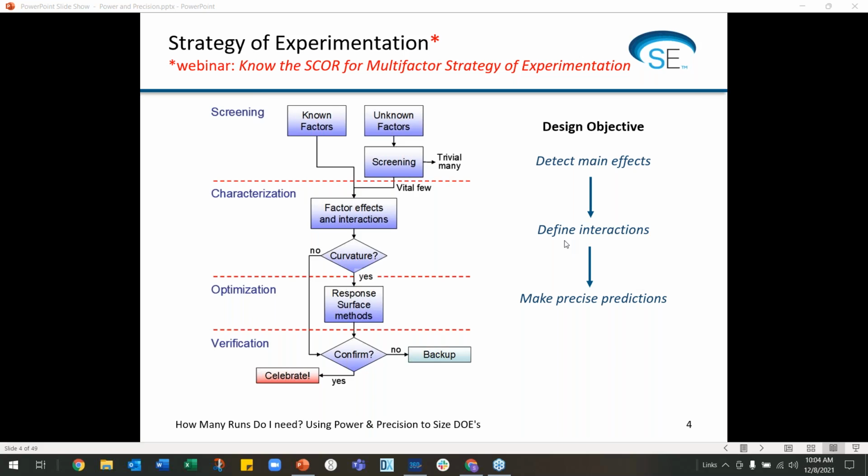If we want more information about our system, then we go forward into optimization designs, which are typically called response surface methods, and mixture designs would also fall into this category. Our objective here is to make precise predictions. We are assuming that we've already found the effects of interest, but now we want to get good models of that design space and be able to make good predictions so that we can optimize well.